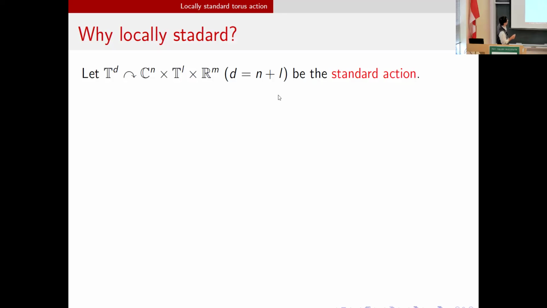We assume that D is equal to n plus l. The standard torus T^D acts on the C^n times T^l part standardly. More precisely, the first n coordinates act on C^n as scalar multiplication, and the last coordinates T^l act by the usual multiplication, because T^l is the standard torus.